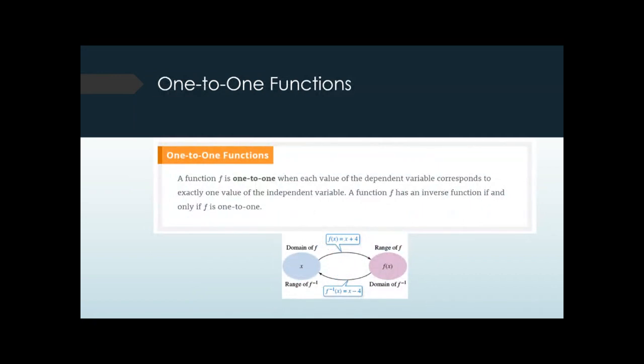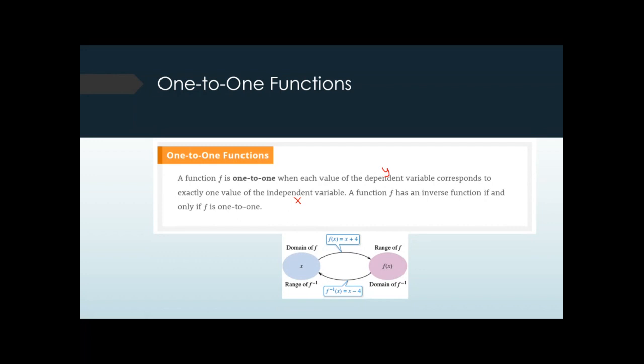To understand inverse and to be able to find the inverse, you need to understand one-to-one functions, because you can only find inverses of functions that are one-to-one. So a function is one-to-one, and I did talk about this briefly when I was talking about functions, when each value of the dependent variable, that's y, corresponds to exactly one value of the independent variable, x.